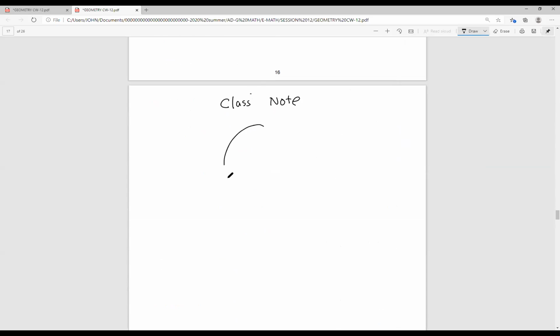In general, when you have a circle, this is the center. I'm gonna choose these two arcs, A and B. They have a center angle, and also they have an inscribed angle too for the same arc.